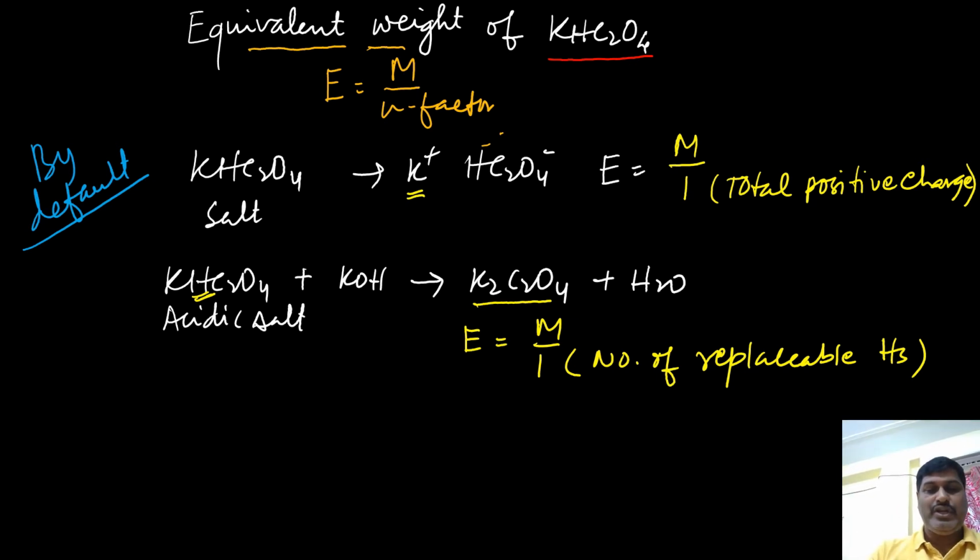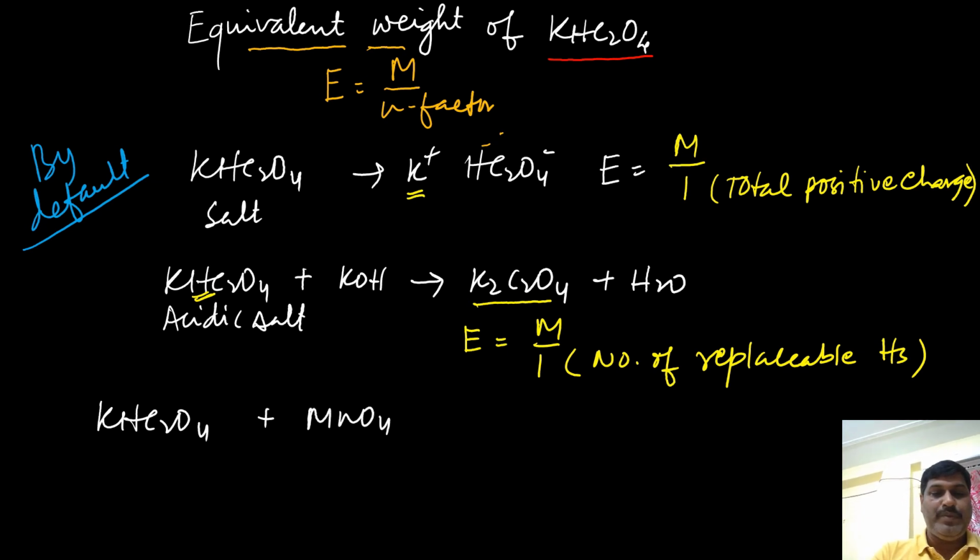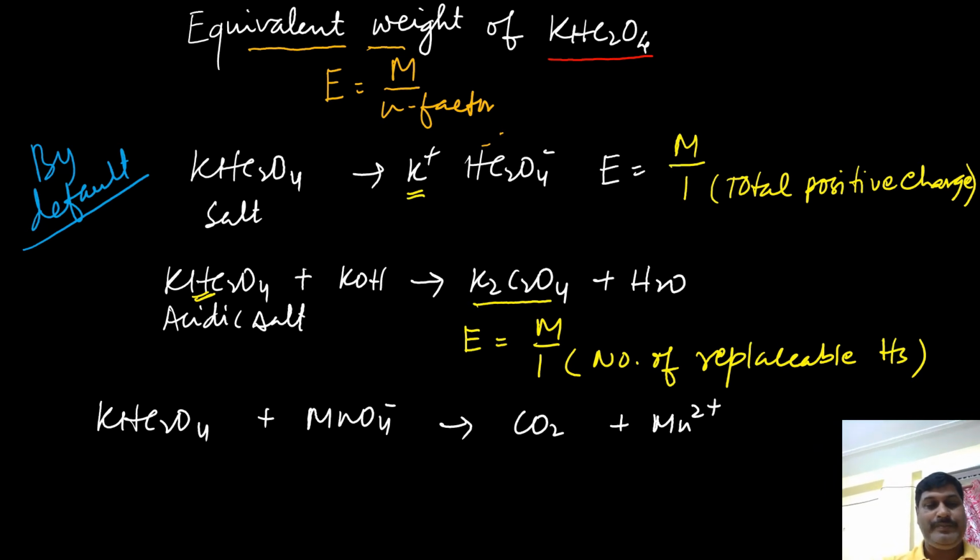agent. Let's take one reaction of KHC2O4 with some oxidizing agent, like I take KHC2O4 reacting with MnO4 minus, and that gives CO2 plus Mn2 plus. Now you think, in this case what happens?